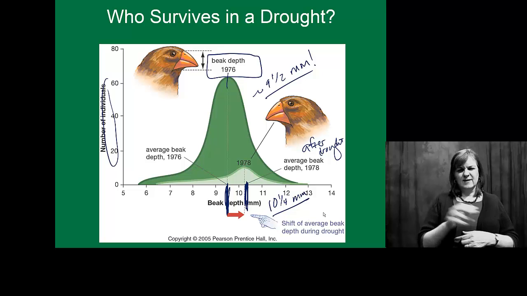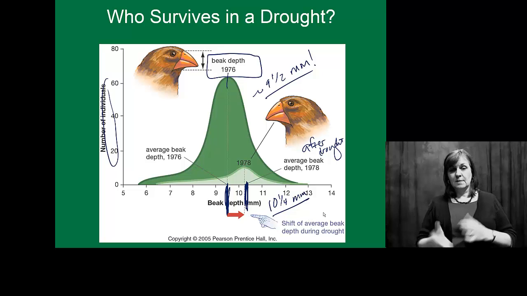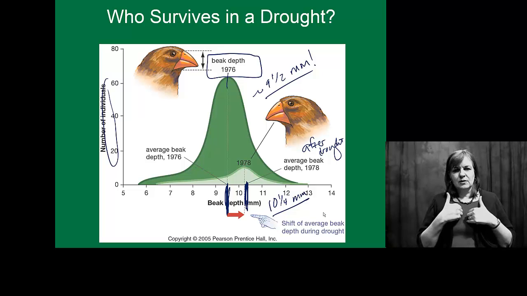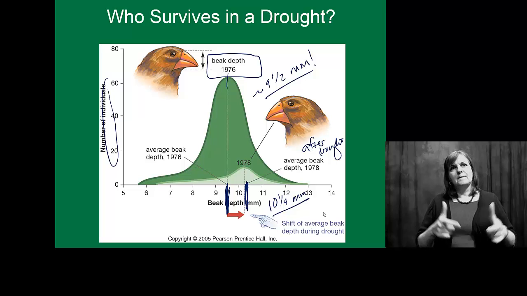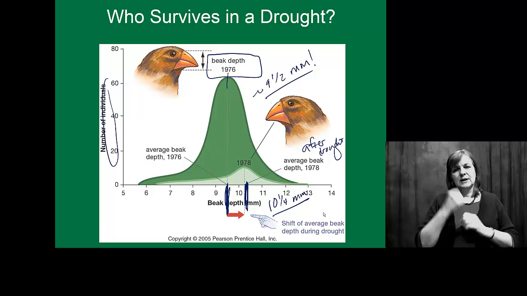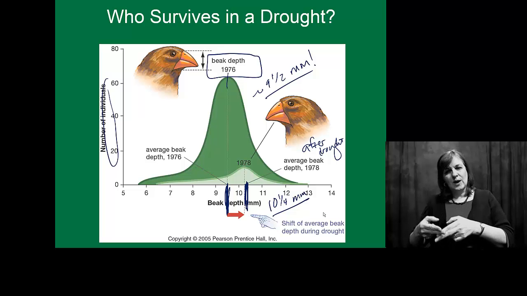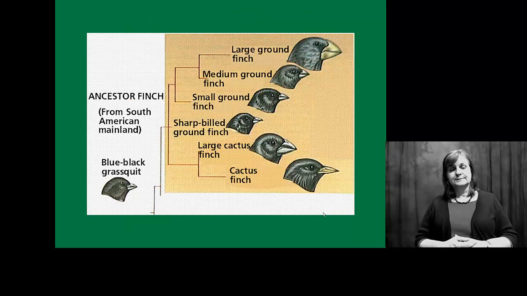Now, you might not think that there's much difference between 9½ and 10¼ millimeters, and under normal conditions you'd be right. But when we look at beak depth in birds, that's a significant investment in a phenotype to add that much weight and heft to that beak, just so that it can eat more seeds.